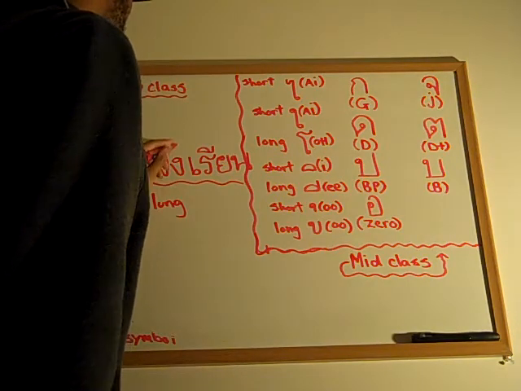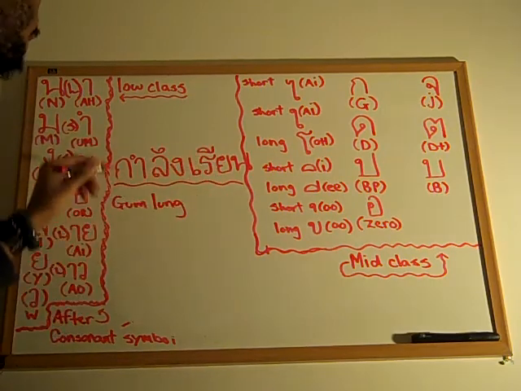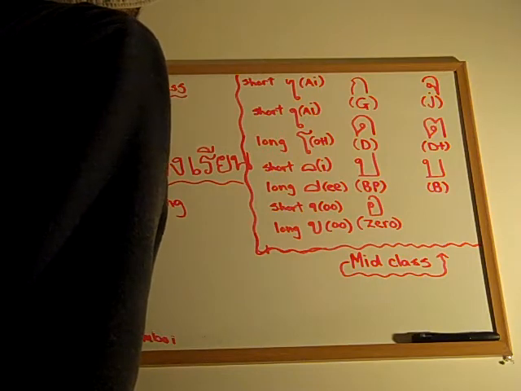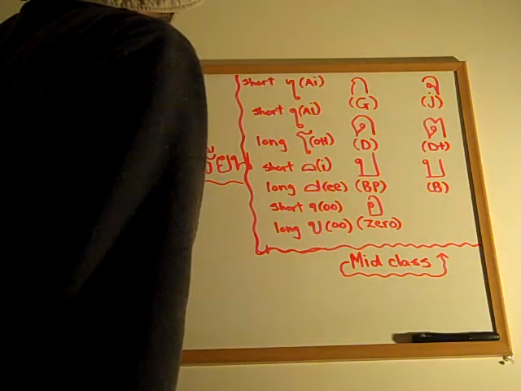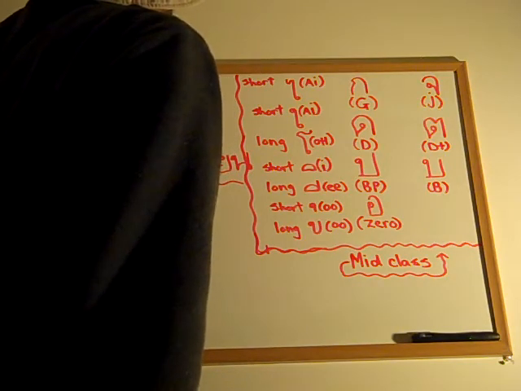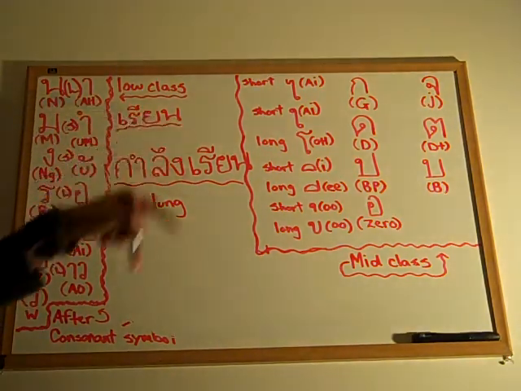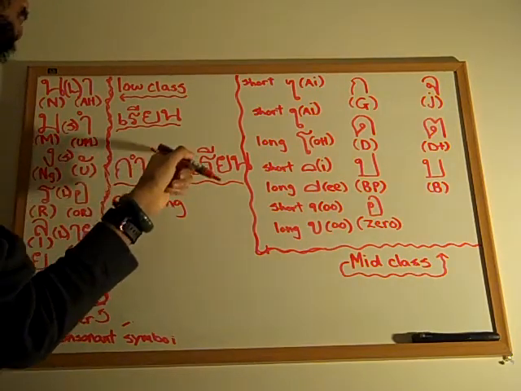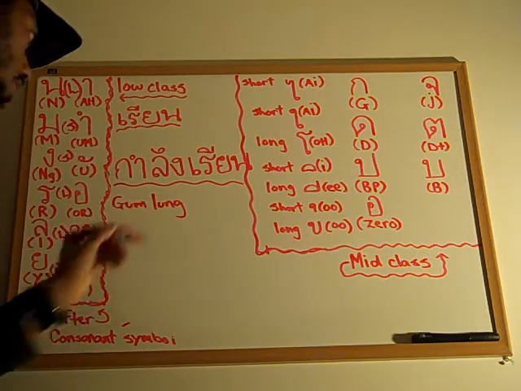And then this one is rien. This rien, rien. So gum lung, rien, gum lung, rien.